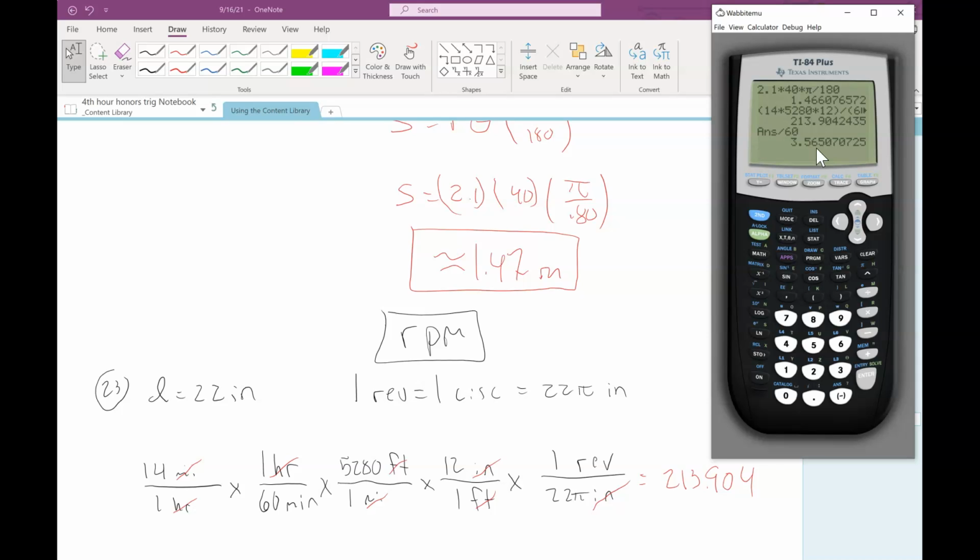Natalie, I have a question. This is more of a clarification question. Sure, go ahead. When do you use radian mode and degree mode again? Okay. So radian and degree mode only matters if you're doing sine, cosine, tangent.